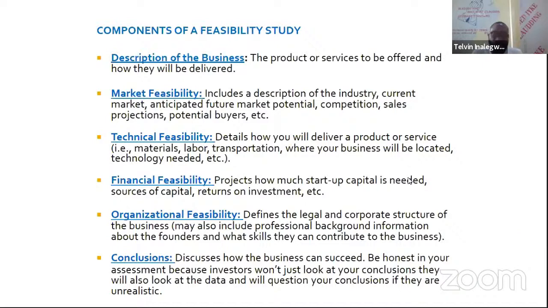Then your raw material, the blue highlight there.